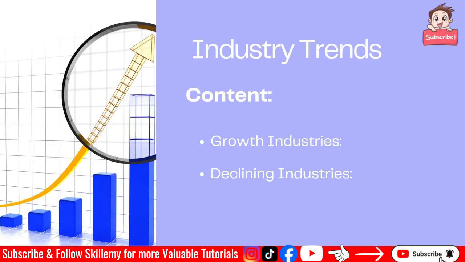For example, in the growth industries, there is technology, which works with AI and different software development. Then the healthcare sector. In the healthcare sector, such as nursing and telemedicine, these sectors are booming and growing. Then renewable energy. Currently there is a high demand for renewable energy like solar energy and wind power energy, and e-commerce.